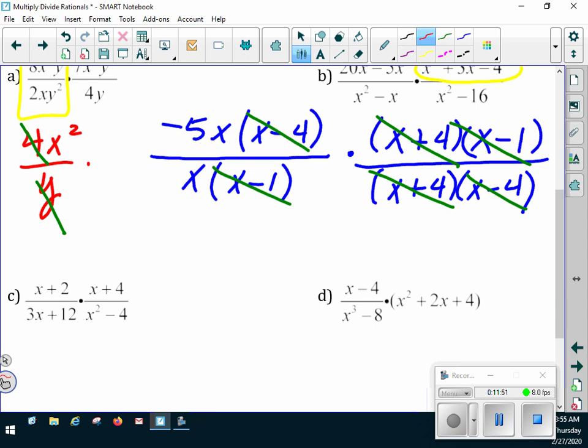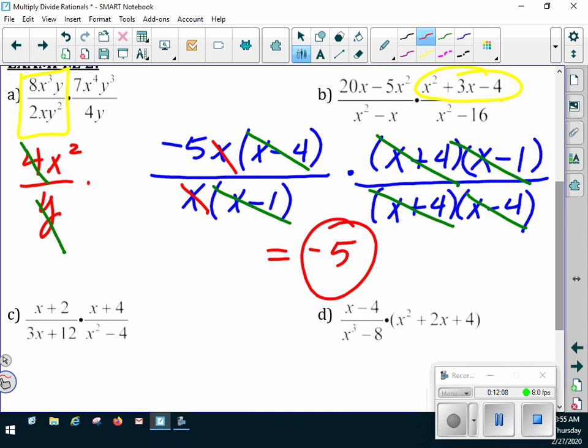Now you guys, some of you were saying the answer is negative 5x over x. But those x's will factor out. So what's your answer? That whole mess, I don't care what x value you put in there except for, what could x not equal? 0.